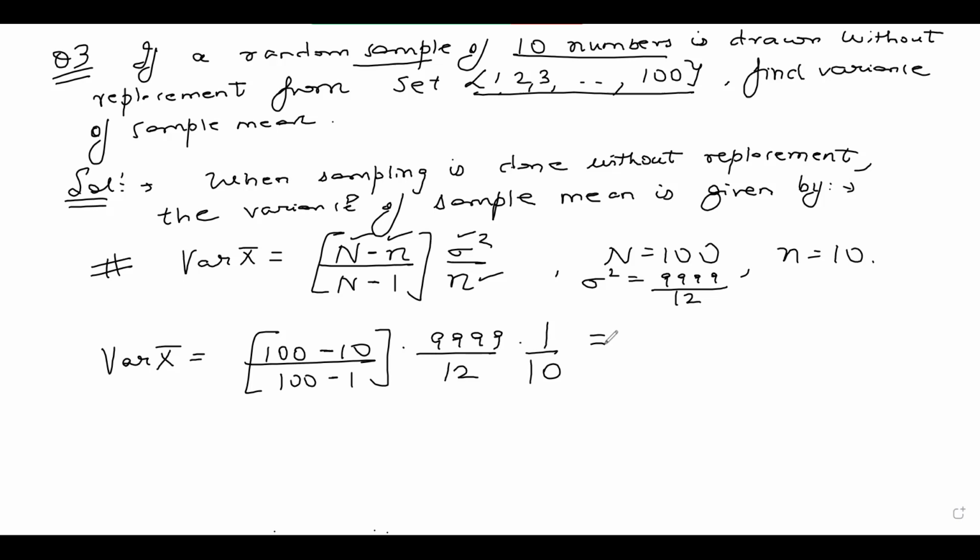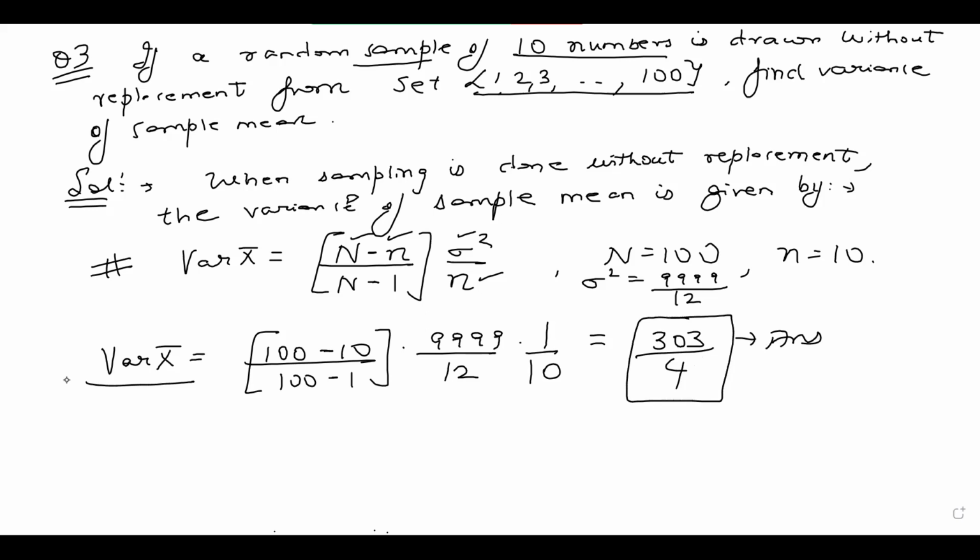Again, use your calculators. You're allowed to do that and verify that the answer is 303 by 4. I've already solved it before, so I'm just writing a final answer. It's 303 by 4. So this is the variance of the sample mean, x bar. So variance of x bar is 303 by 4.